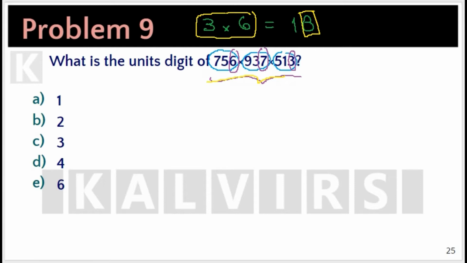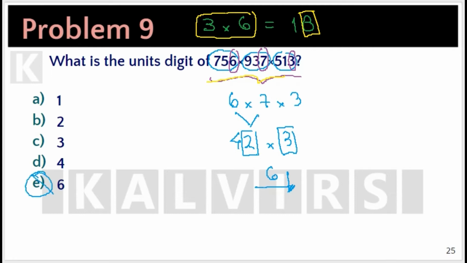Thus, the unit digit of such multiplication would be the unit digit of the product of 6, 7, and 3. 6 times 7 is 42, times 3. I take the units again. 2 times 3 is 6. The unit digit of this product is 6. Choice E is correct.